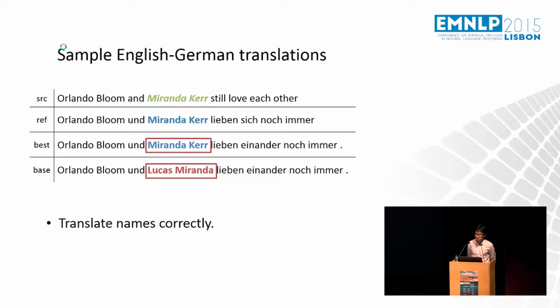So let's look at some sample translations. Here are the source sentences, the human translations, our best system translations, and the base system which doesn't have attention. As you can see, the model can actually translate names really well, whereas the one without attention sort of knows that it needs to put some name, but it doesn't have the strong connection with the source side to pick the right name to translate.